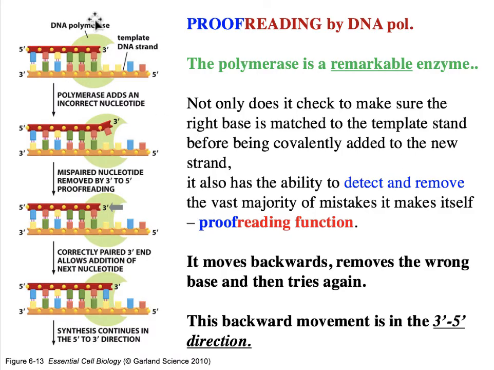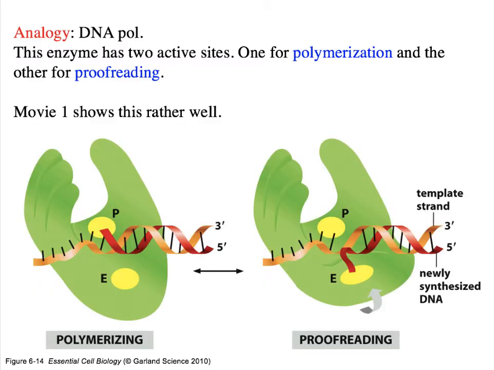And that is further shown in this slide, where the green circle represents the DNA polymerase, and you can see that it's incorporated the wrong base in this case, and it backs up to remove the wrong base and then inserts the correct base. With respect to the functionality of the enzyme itself, we can see that it has a couple of active sites, each responsible for a different function.